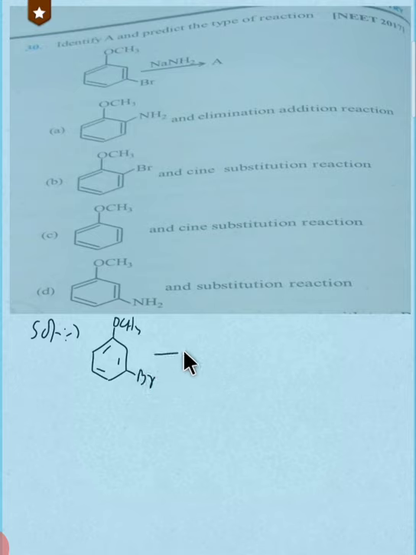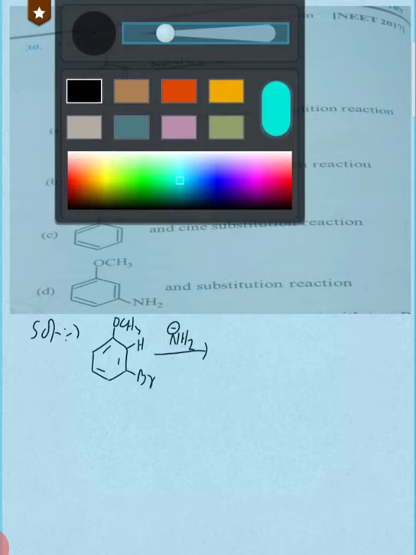Okay, NH2 minus is a very strong base, and this NH2 minus ion will abstract a hydrogen from this position. Let me change the color.